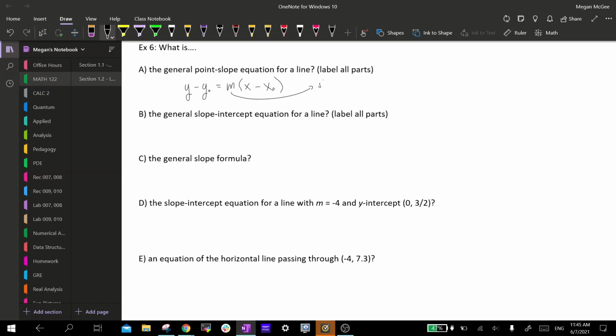So m is the slope, and the y naught and the x naught come from the point, whichever point you choose to make your x naught and your y naught. Okay, the general slope-intercept form, well, that's our y is equal to mx plus b. Again, we gotta label all the parts, so m is the slope, and b is the intercept.